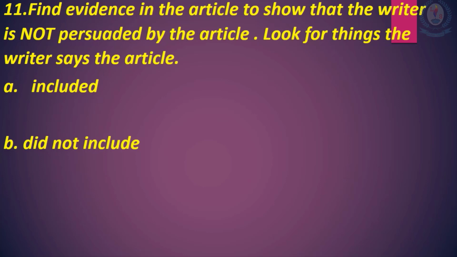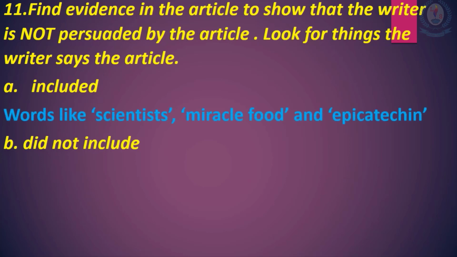Question number 11. Find evidence in the article to show that the writer is not persuaded by the article. Look for things the writer says the article included. You can write these answers. Words like scientists, miracle food and epicatechin.